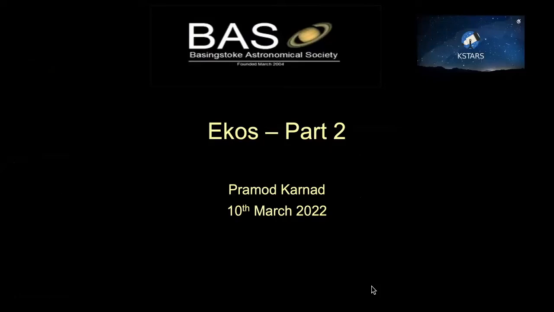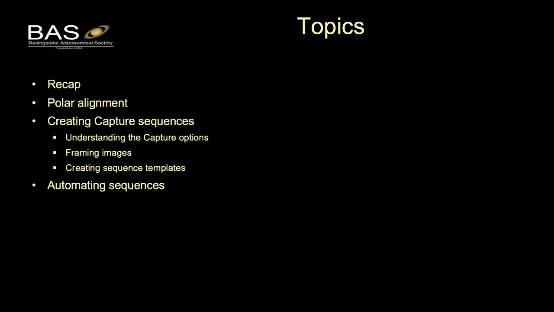So this is part 2 of what we covered earlier. What I'm planning to cover this time is just a quick recap, talk a little bit about polar alignment in EKOS, and then go into a bit of detail understanding the capture stuff.